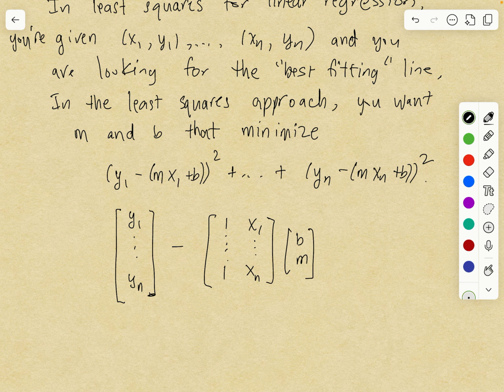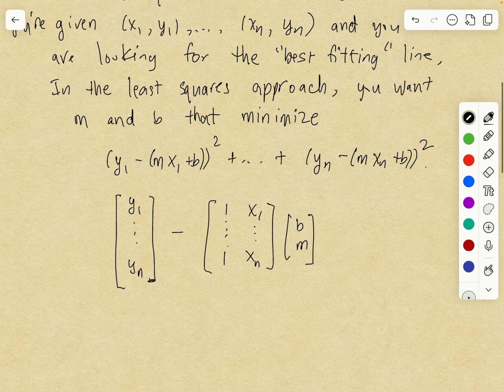Okay. So each of the components are yi minus (b plus mxi), right? So you're trying to minimize the magnitude of this vector. That's the magnitude of that vector.